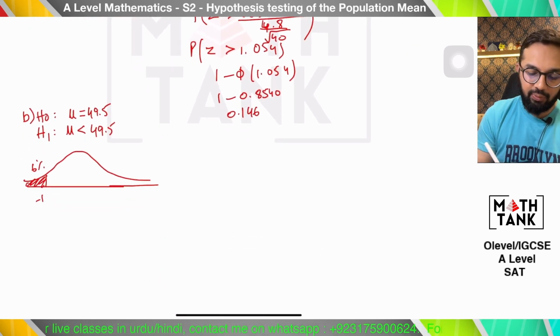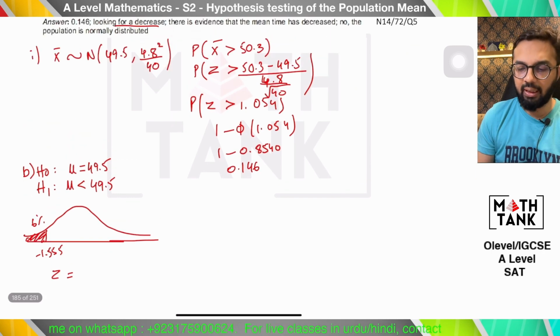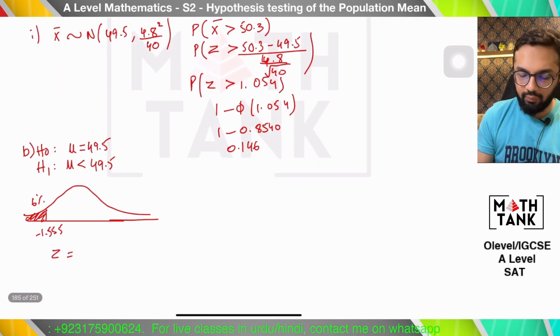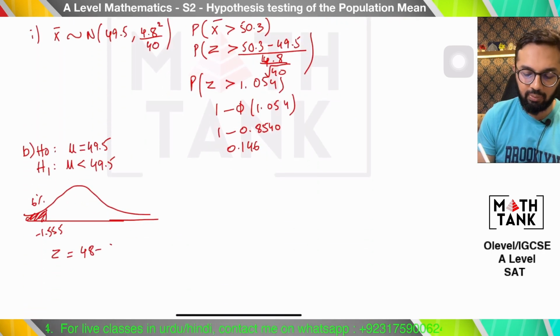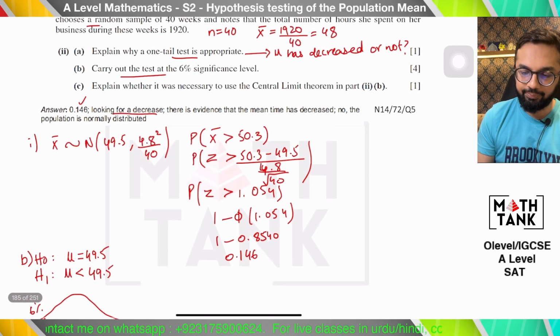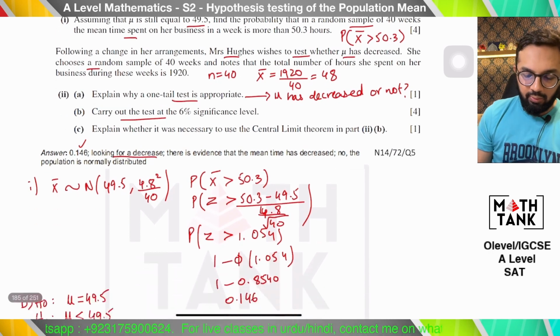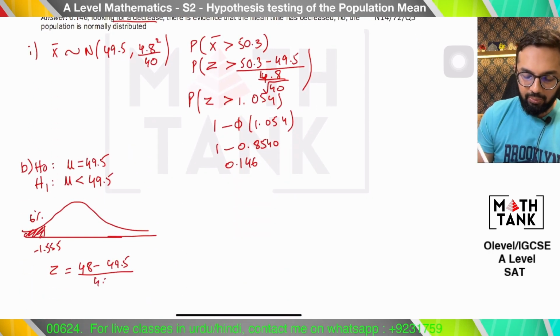So minus 1.555. Then I calculate the z value of my test statistic, which is 48. So 48 minus 49.5 divided by 4.8 divided by root of 40.